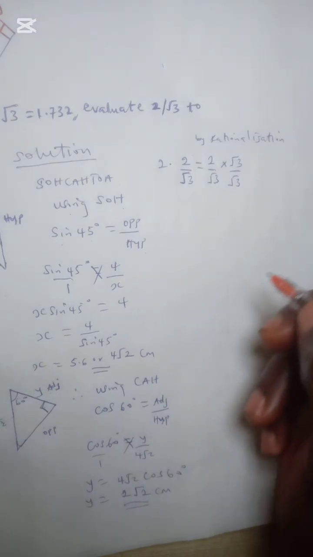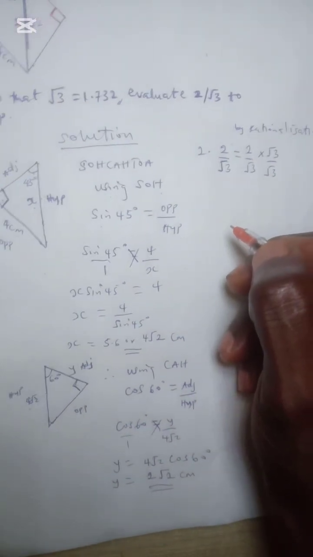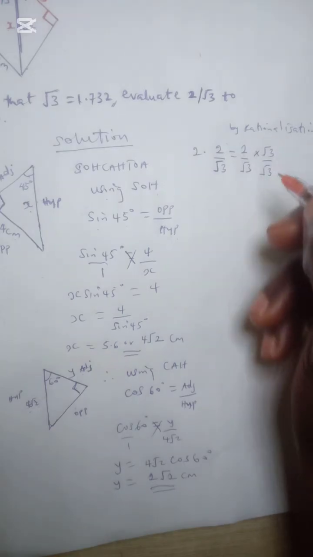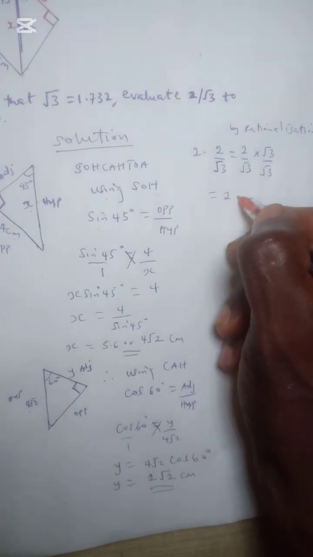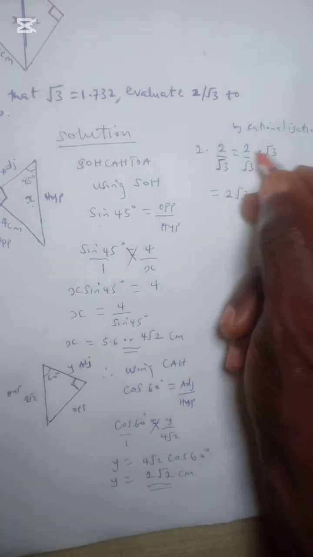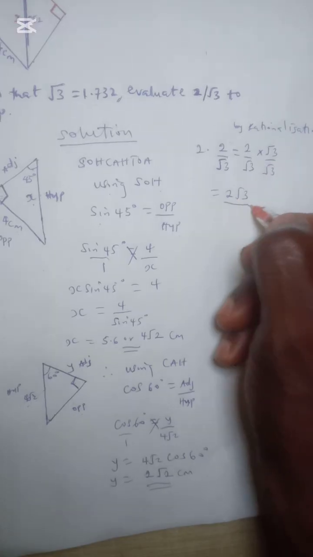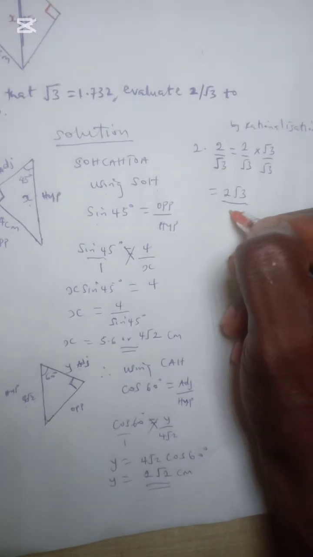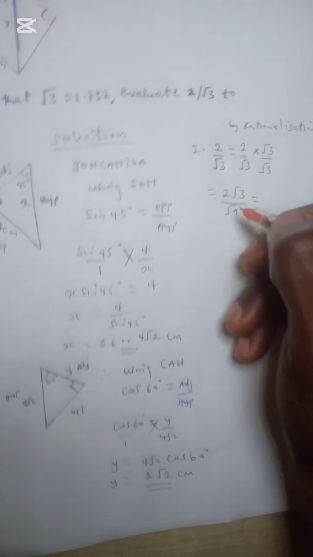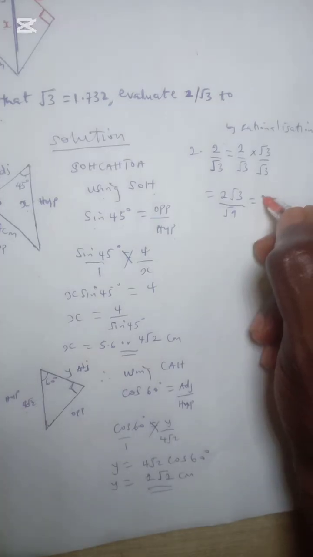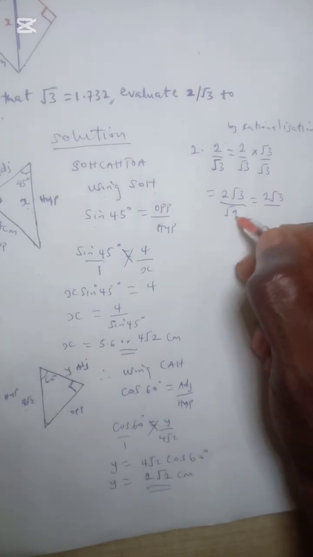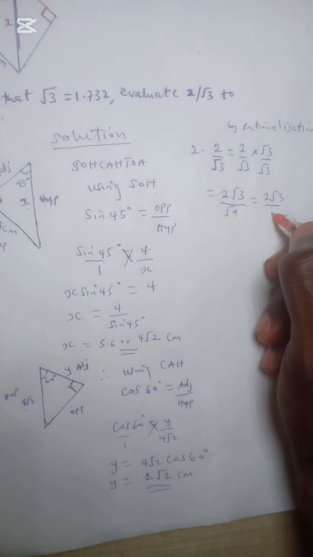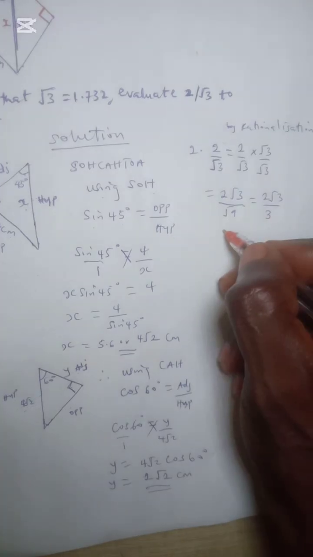Alright, so now we multiply this and this together. So we have 2 root 3 in the numerator, over root 3 times root 3, which is root 9. That is 2 root 3 over root 9, and the square root of 9 is 3.